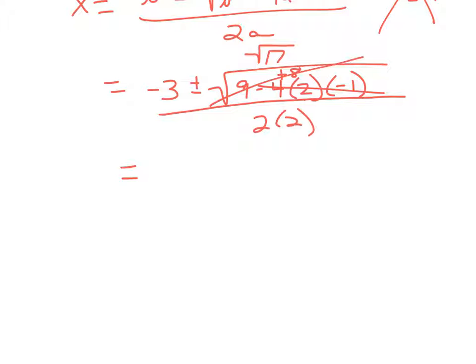Now if I could simplify that root 17, or some of you say break it down, I would, but it doesn't break down. So here's my answer, negative 3 plus or minus the square root of 17 all over 2 times 2 is 4.